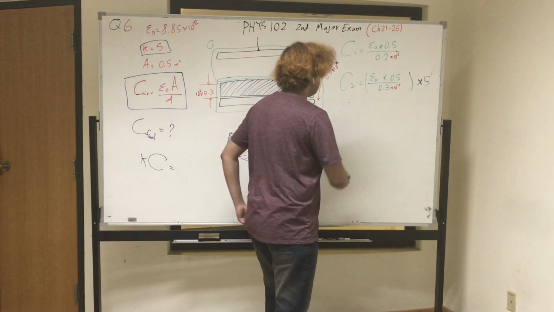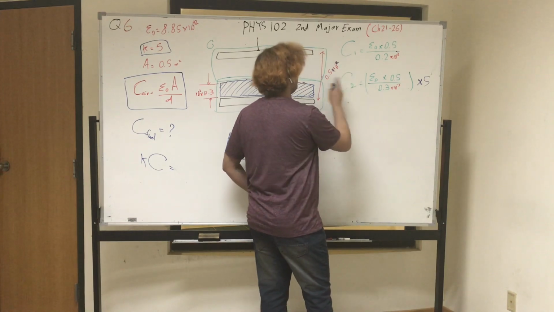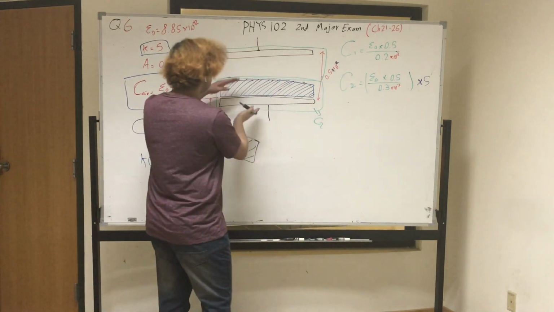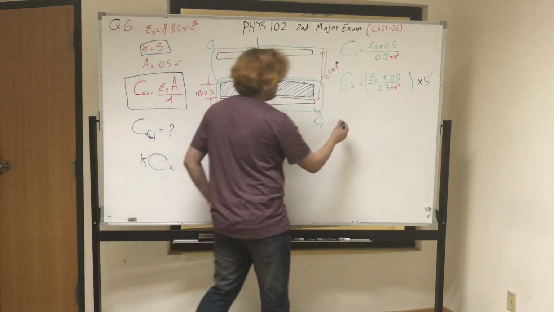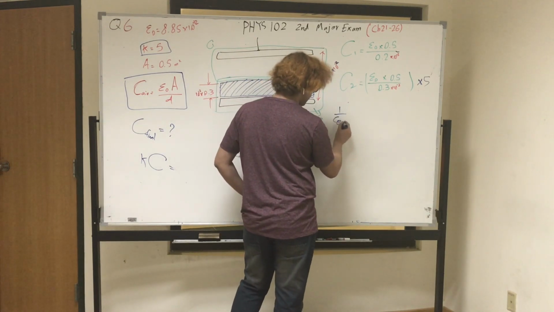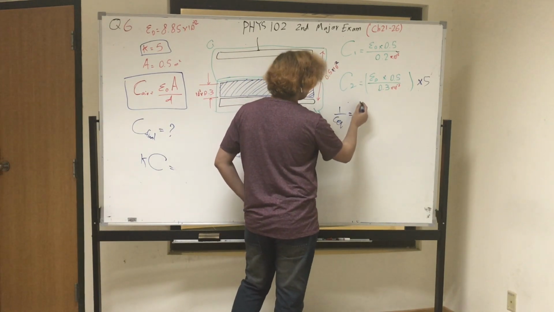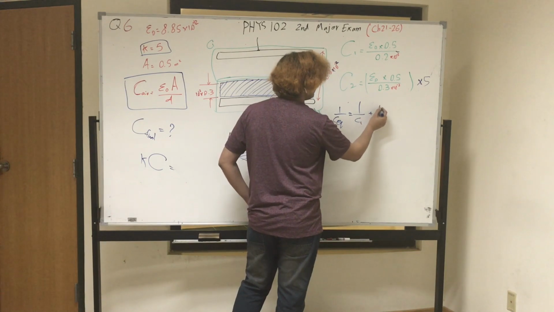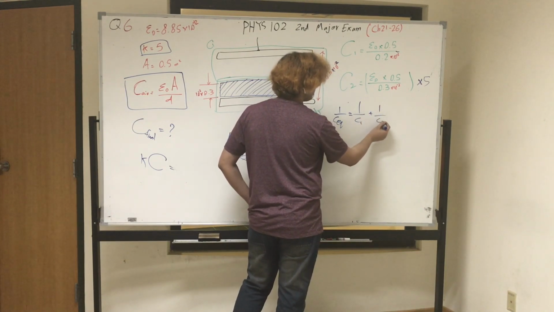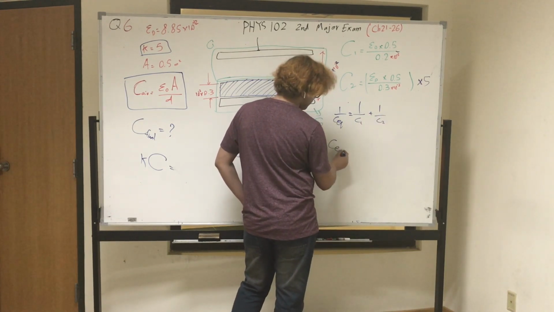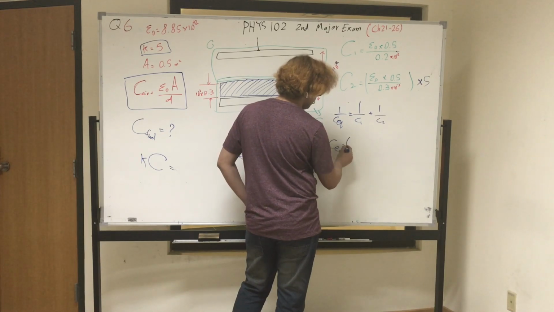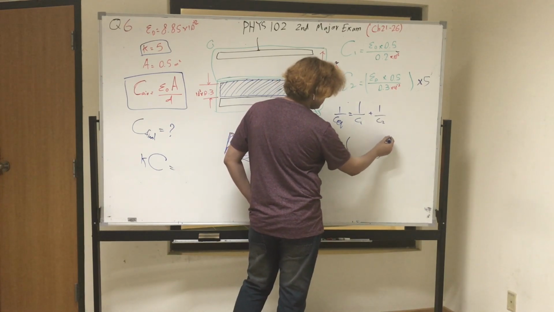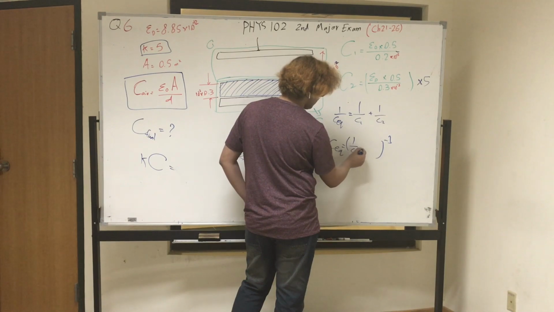So after you do that, you have to add these two capacitors as though they are in series. So 1 over the equivalent capacitance is equal to 1 over C1 plus 1 over C2. So C equivalent is going to be equal to the reciprocal of these two.